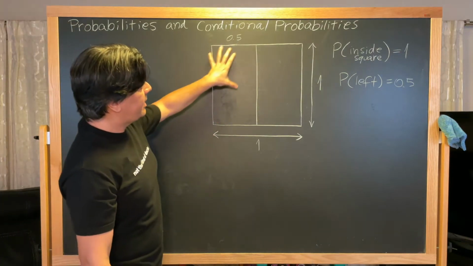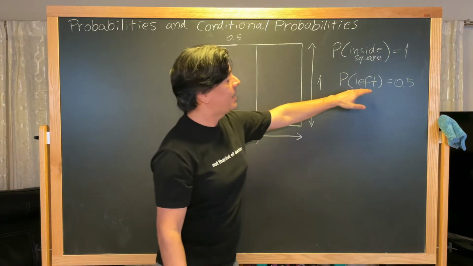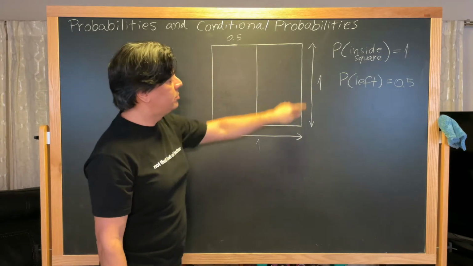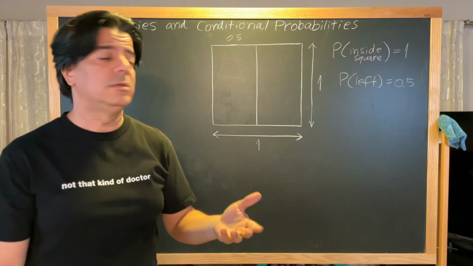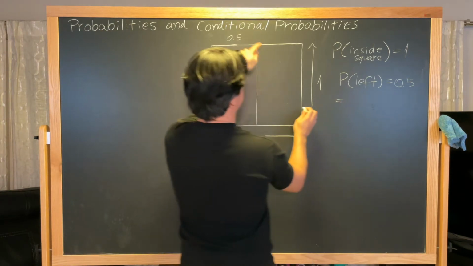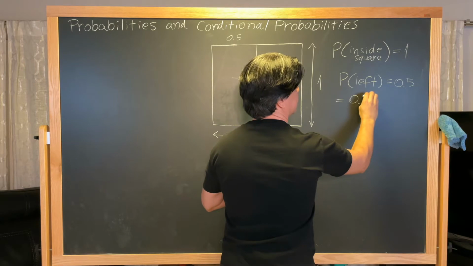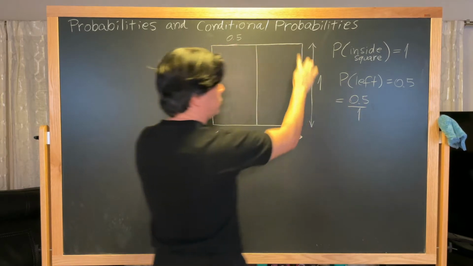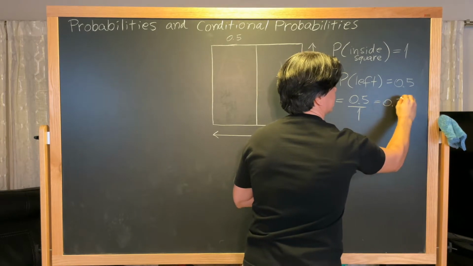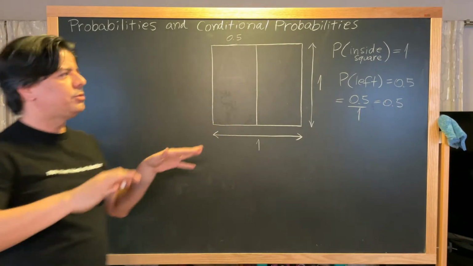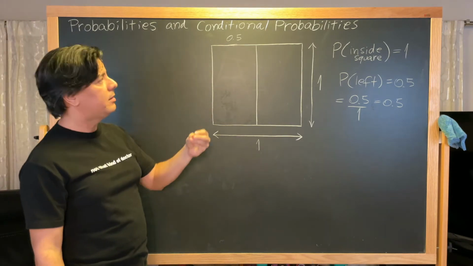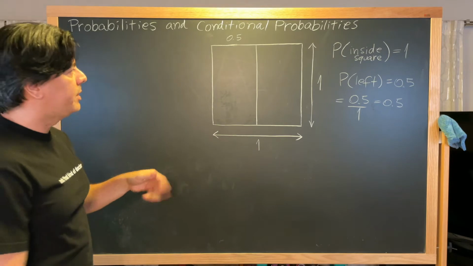And if I take the area of the event that I am interested in, that is the dart falling on the left, divided by the total area of where it could have fallen, which is the whole square, this area is 1/2 divided by the total area, a 1 by 1, which is 1. That is the 1/2 that we had before. So there's nothing new there. But I just want you to keep this calculation in mind. Think of these probabilities as ratios of areas, and you'll see why in a little bit.